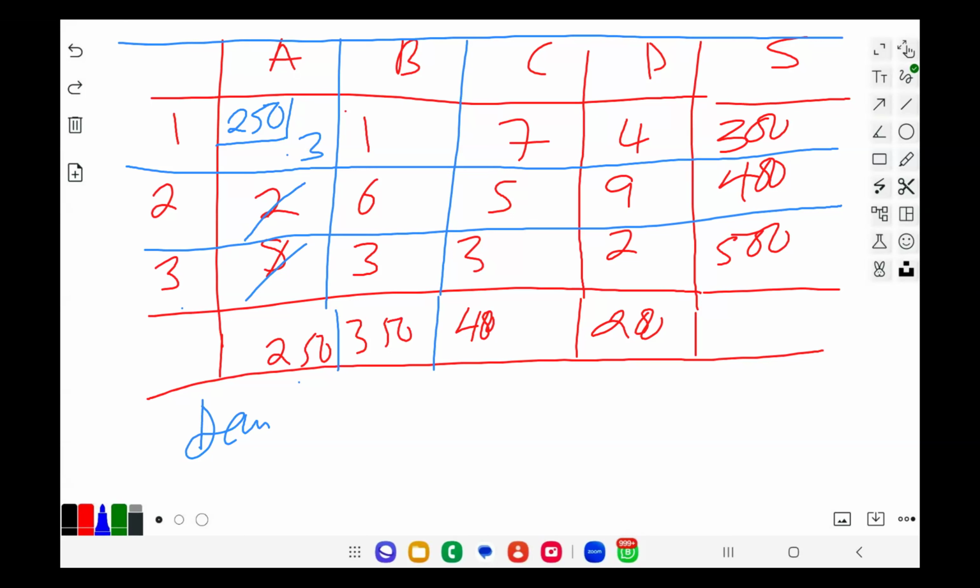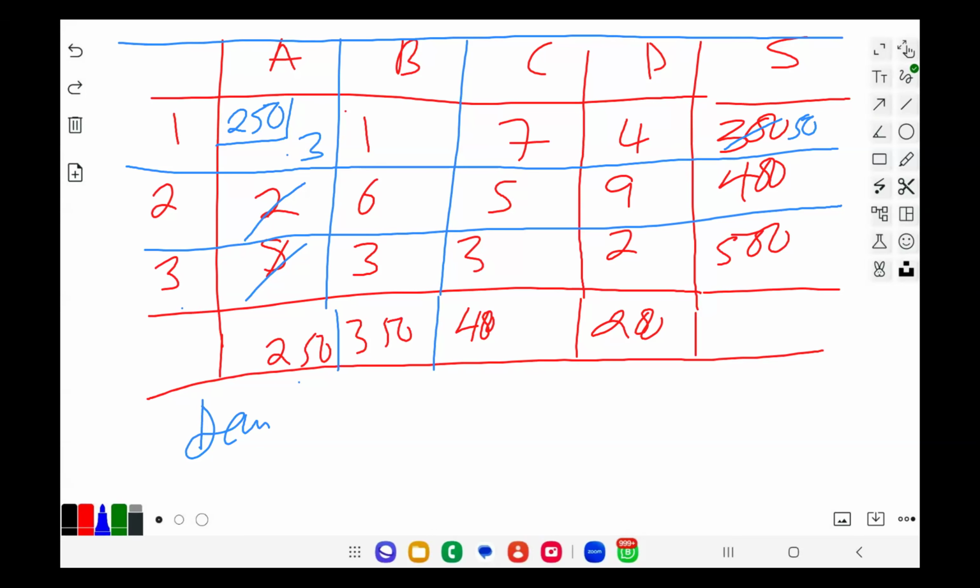Then when you move in the first row, we have allocated 250, but the total should be 300, isn't it? So since we have already allocated 250, we remain with 50, isn't it? That's what will remain on that side if you move along that particular row. Are we good? To remain with how much?